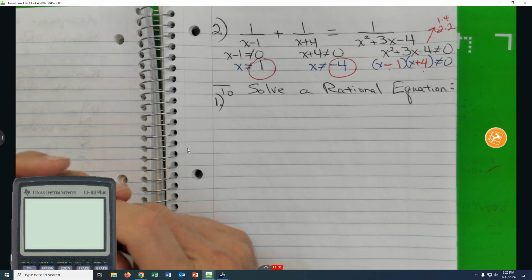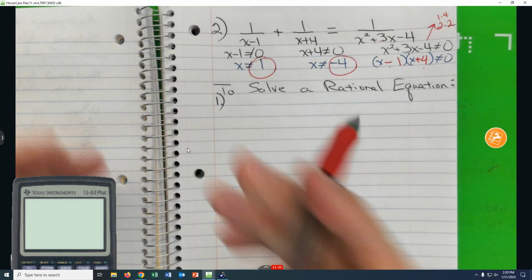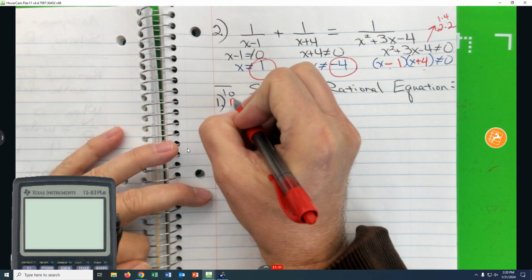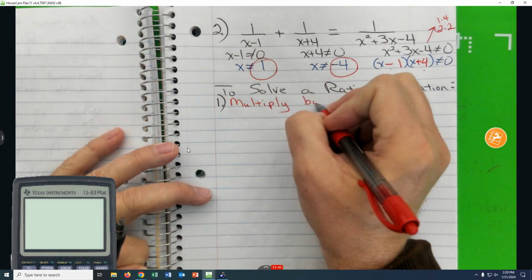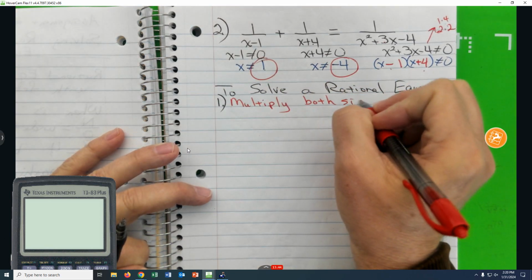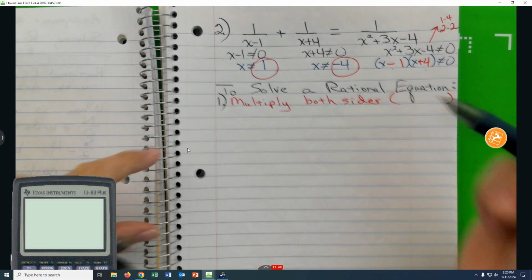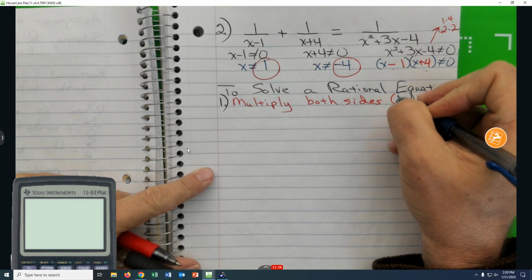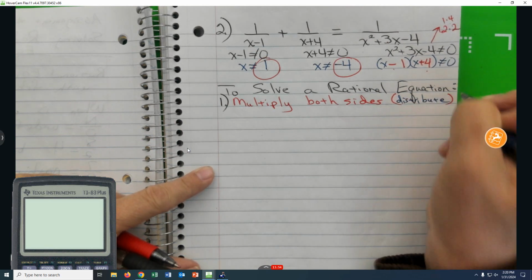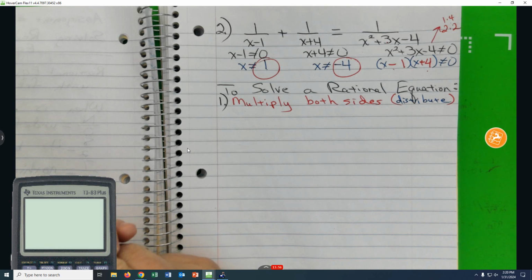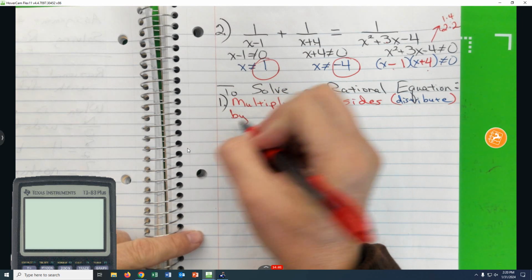When we multiply both sides by the least common denominator, we're going to be distributing. So I'm going to say, step 1, multiply both sides, and I'm going to put a little parenthetical statement here saying distribute. Then I have to distribute that least common denominator through all the terms.